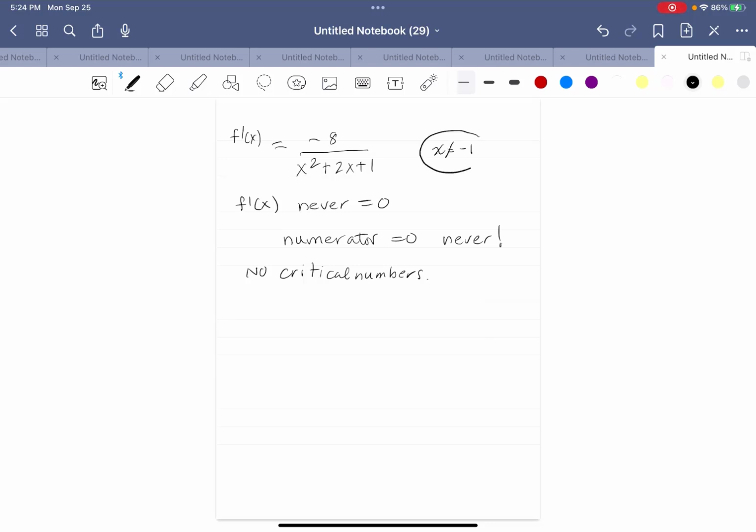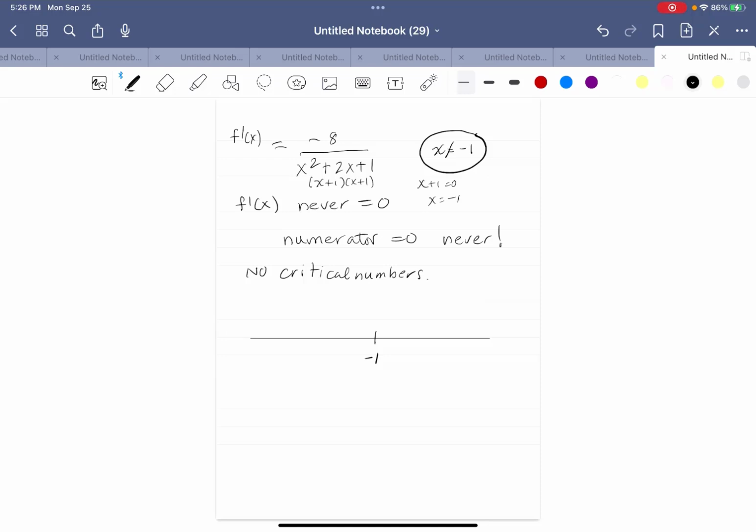Remember, x equals -1 is excluded from the domain of the original, and it's actually excluded from this derivative as well, because if you leave it in the factored form, x plus 1 quantity squared equals 0 if x is equal to -1. So what I've got to do here is put this value that makes the original function undefined on my number line.